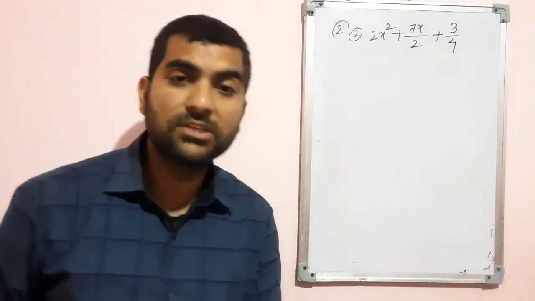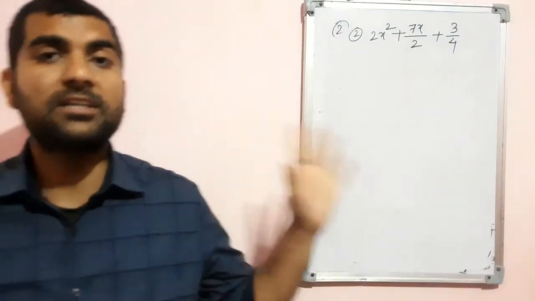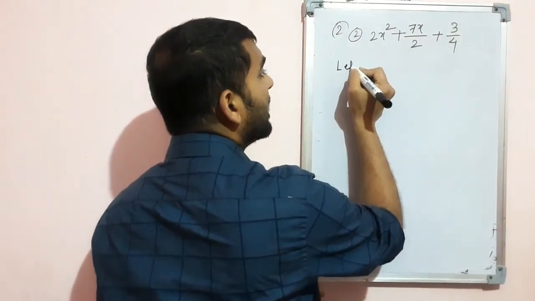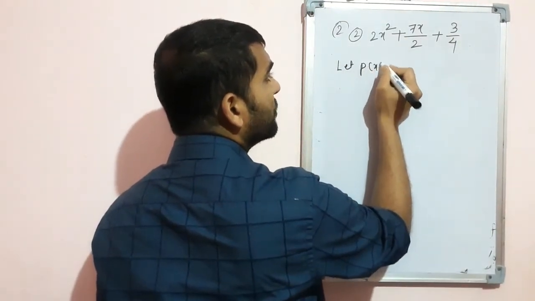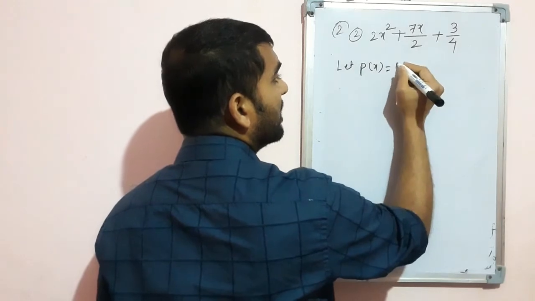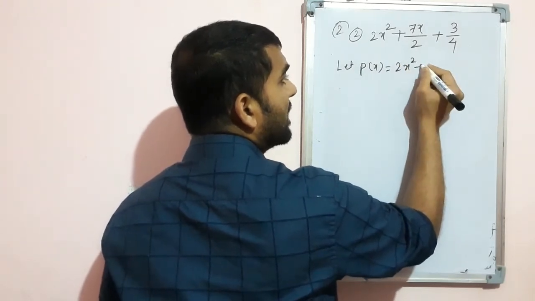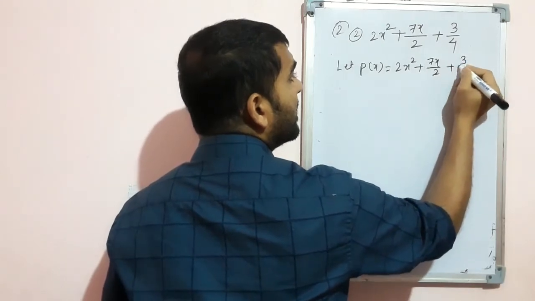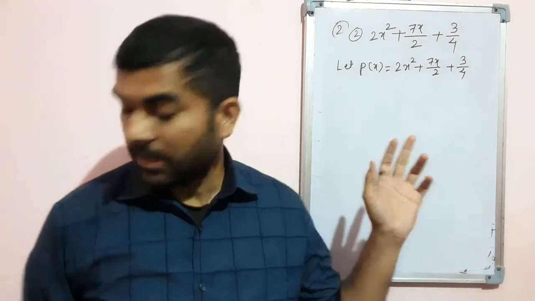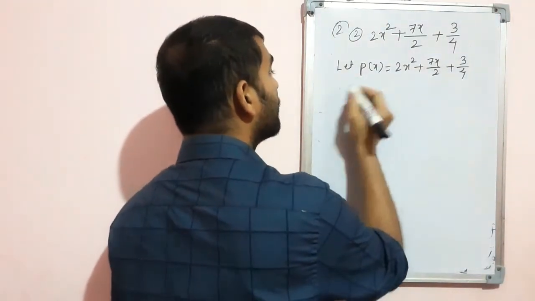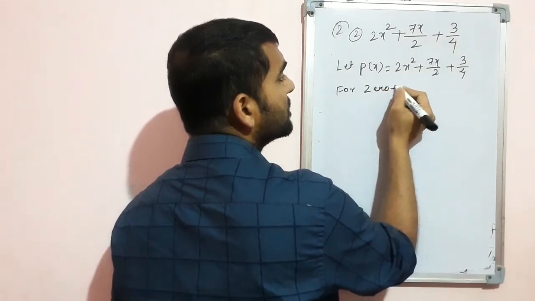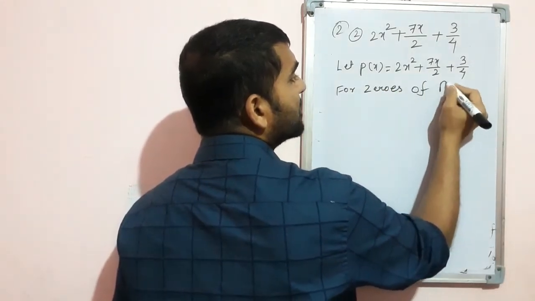Now let us find the zeros and verify whether those zeros are correct or not. So let p(x) equal to our polynomial, 2x square plus 7x by 2 plus 3 by 4. Now what will you do in the next step? You will write for zeros of the polynomial.